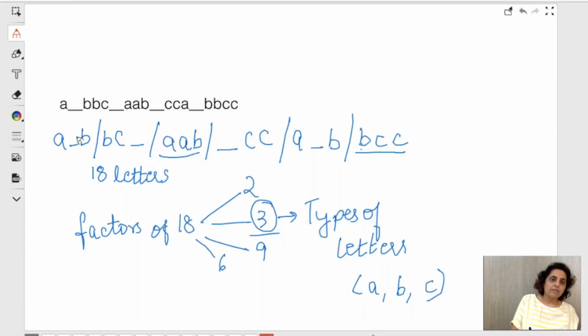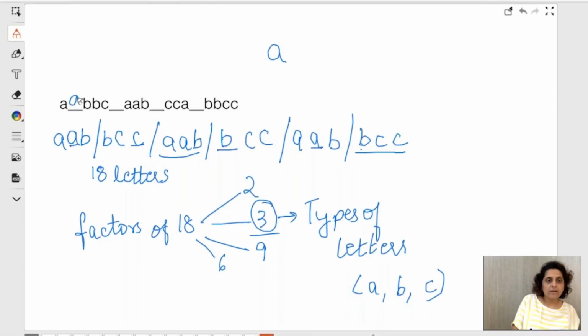So A, then again A will be repeated. So A, B. Here B, then we'll write C. Preceding C would be B here. And here A, B.